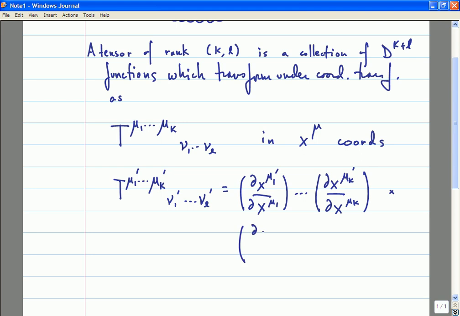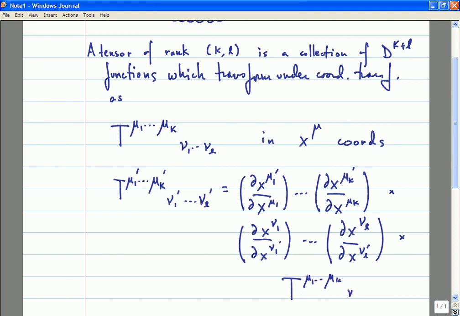So this is dx nu 1 divided by dx nu 1 prime all the way up to nu L, times the original tensor in the unprimed coordinates, with indices mu 1 up to mu k and nu 1 up to nu L.